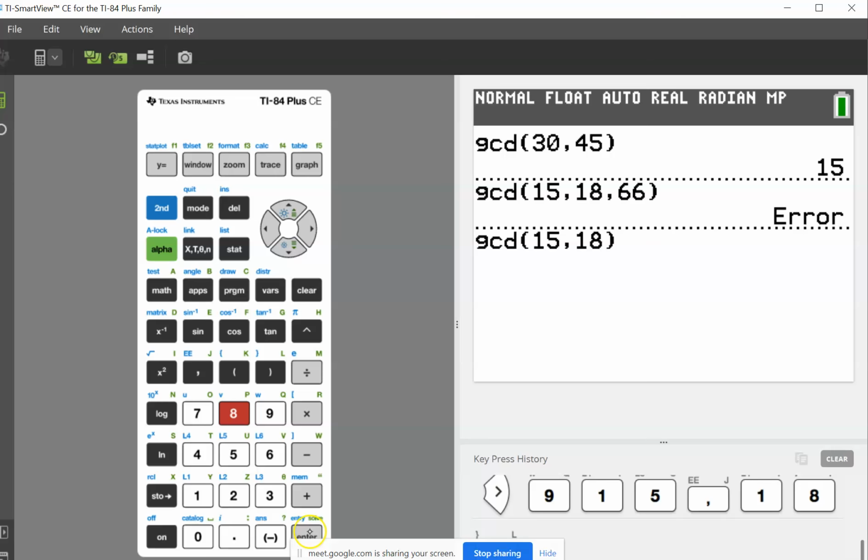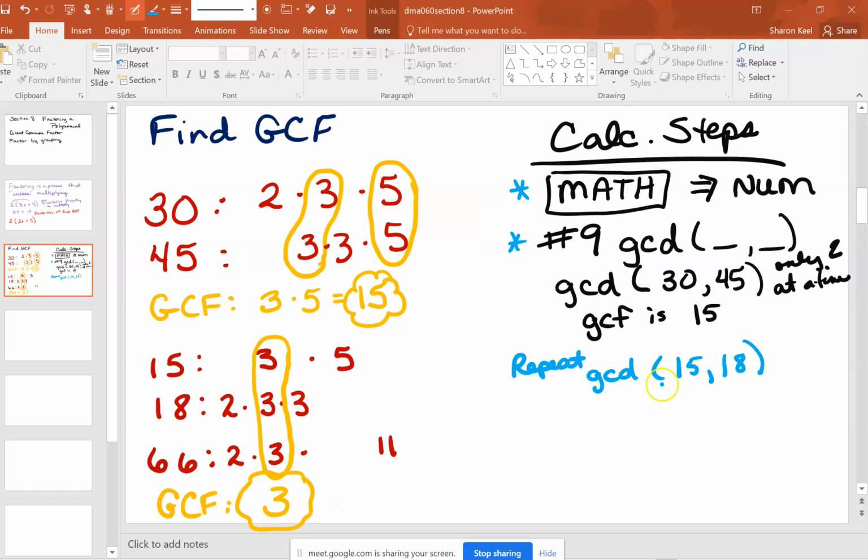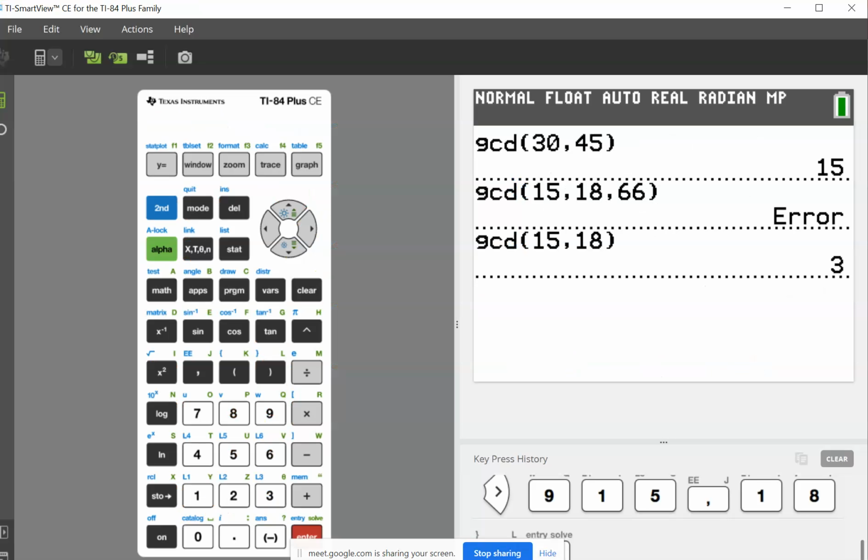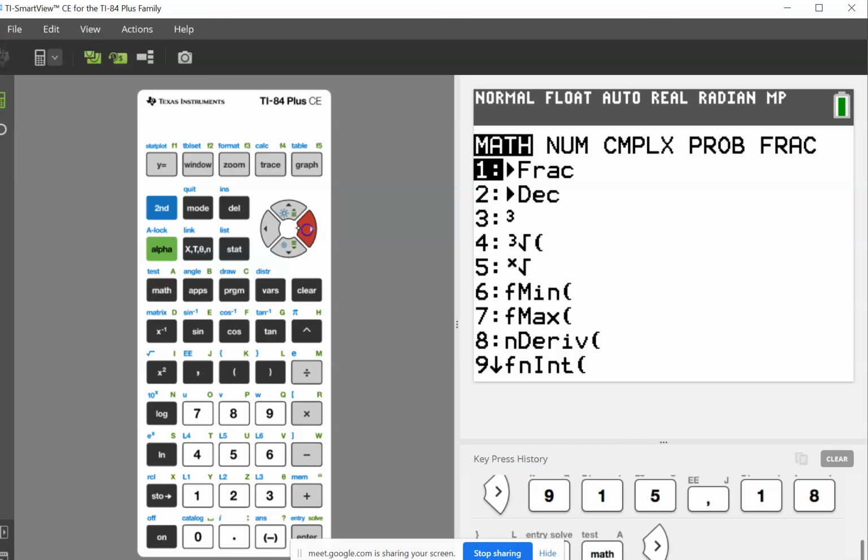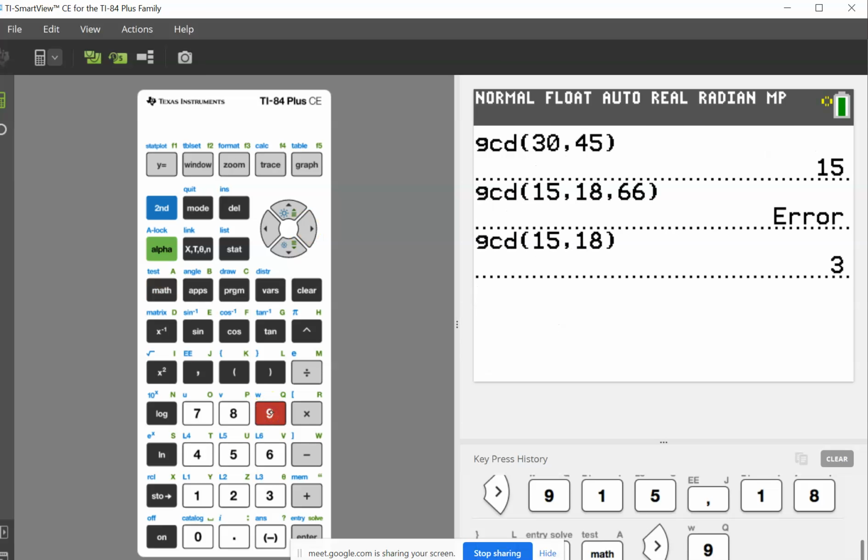It's going to give me an answer for the first two, which is 3. So this answer is 3. I'm going to repeat the steps, and this time I'm going to put the answer we just got, which was the 3, so let's do that together. Math, arrow right, choose number 9.